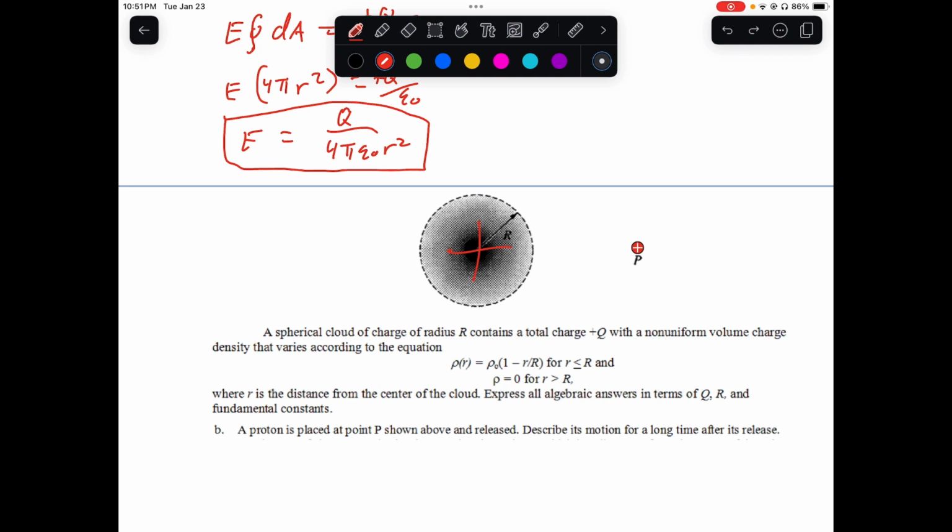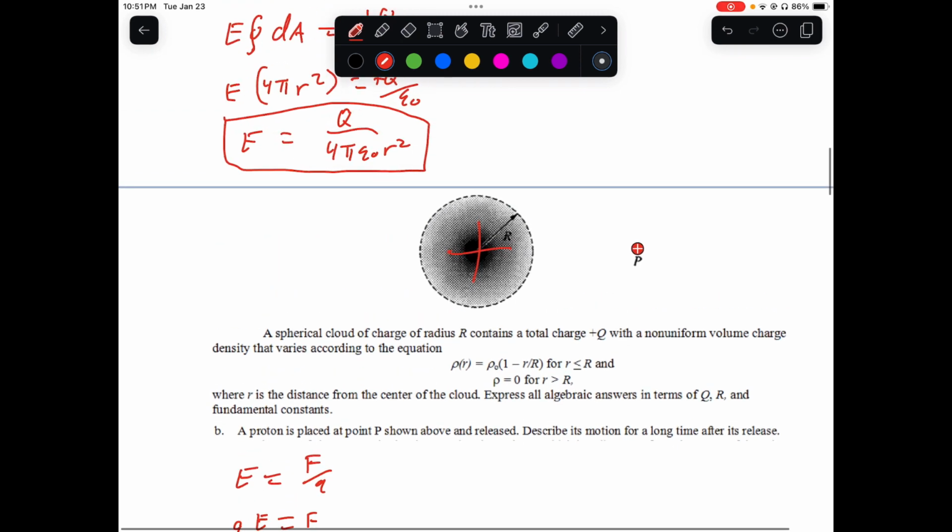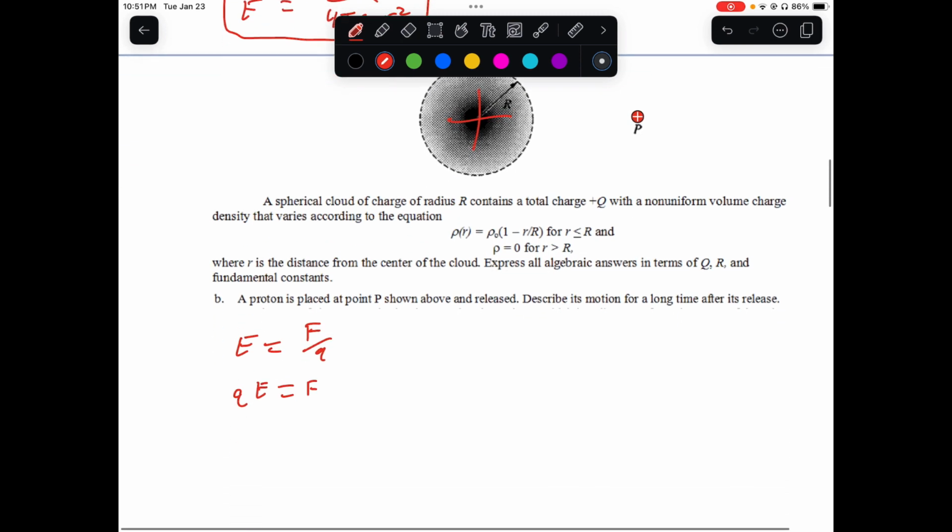Think about the force that acts on the charge. The electric field is defined as the force on some little charge, so the force is little q times E, where our electric field is Q over 4 pi epsilon naught r squared.